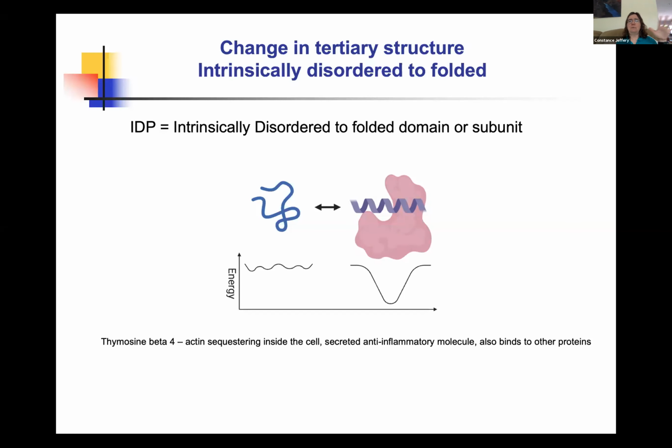They're very, very flexible, considered unfolded, but some of them will actually fold, or part of it will fold when it interacts with a protein. And in some cases, this folded part is different when it interacts with different proteins and performs different functions. Okay, so we can have this intrinsically disordered to folded into sometimes different folds with different partners to perform different functions.